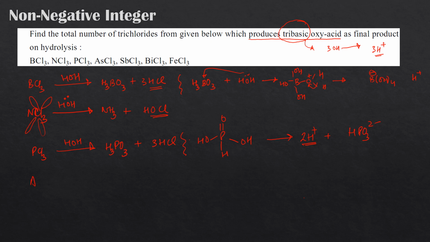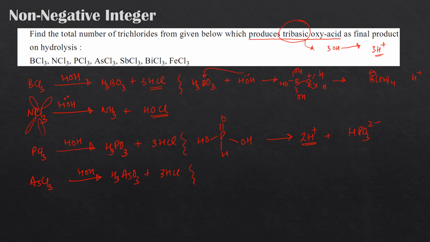Going to the next compound, AsCl3. Upon hydrolysis, this compound will produce H3AsO3 and 3 HCl. We could have expected the structure of H3AsO3 to be exactly like H3PO3, but it is not. The reason is that the pi bond formed by phosphorus and oxygen can be fairly strong.